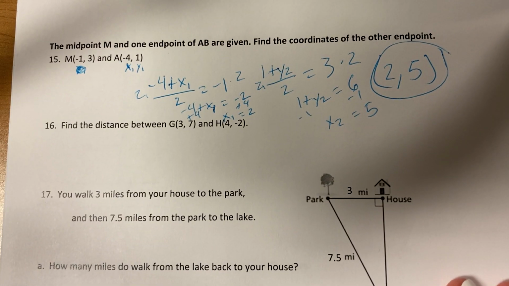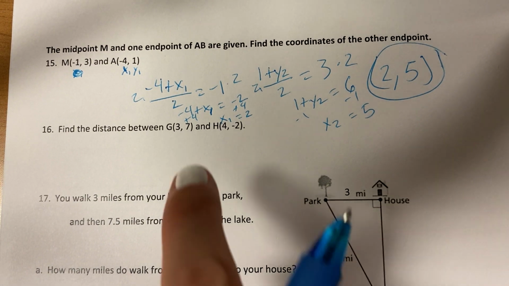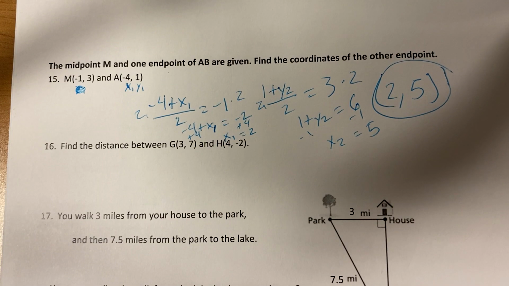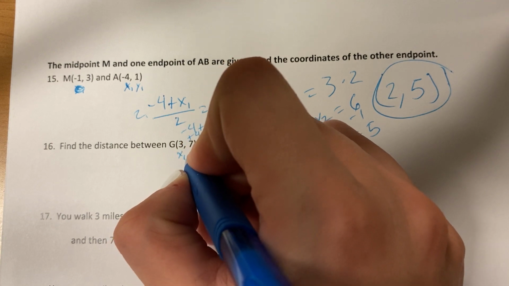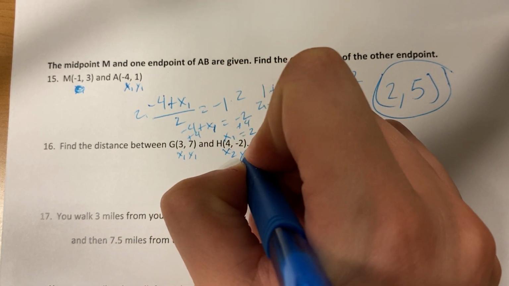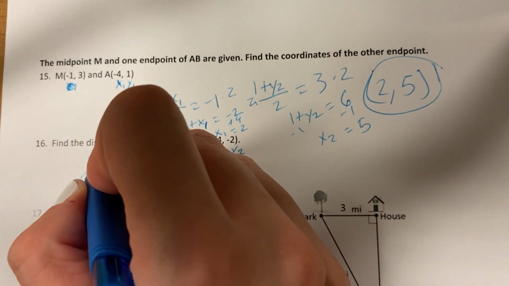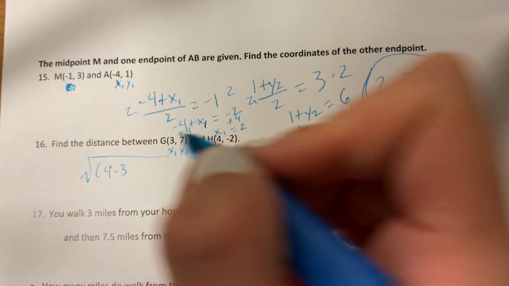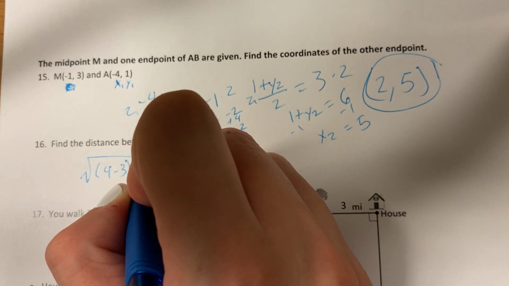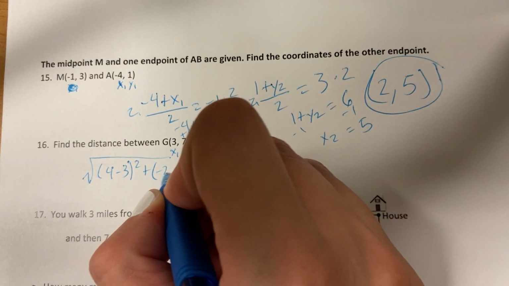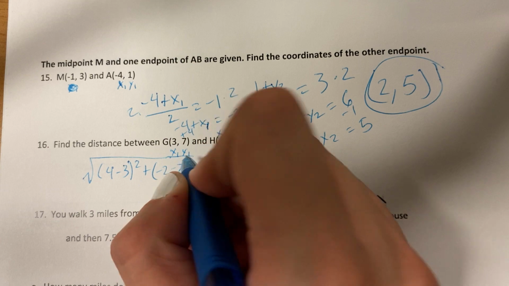All right, find the distance between these 2 points. So we're gonna use our distance formula, and our distance formula is at the bottom of our paper. So we're just gonna plug it in. All right, so when we plug in our distance formula, we get 4 minus 3 squared plus -2 minus 7 squared.